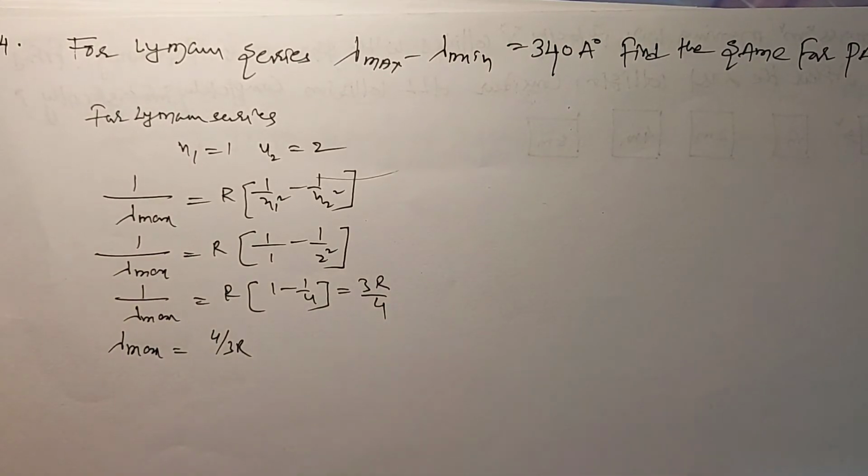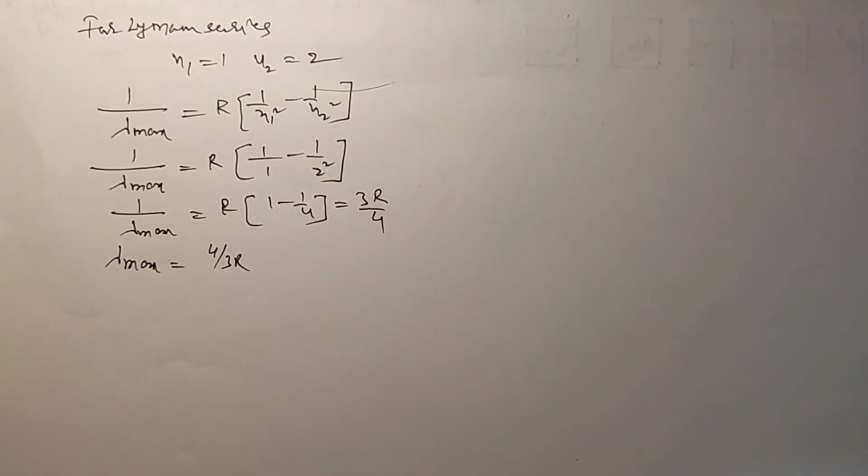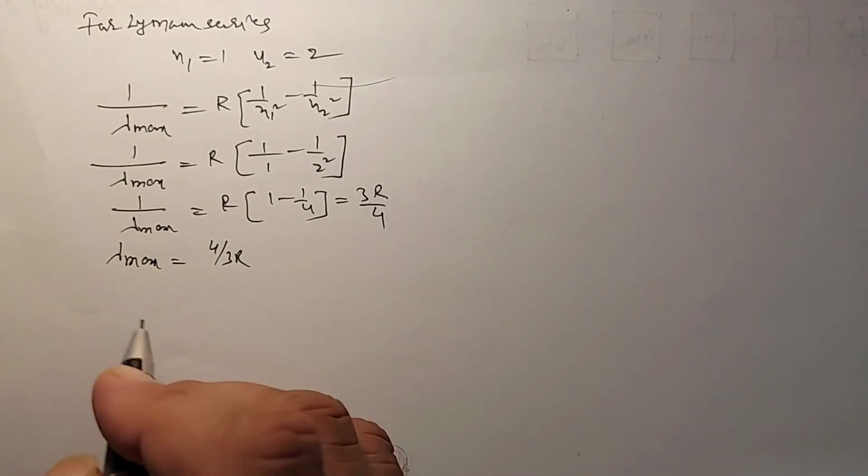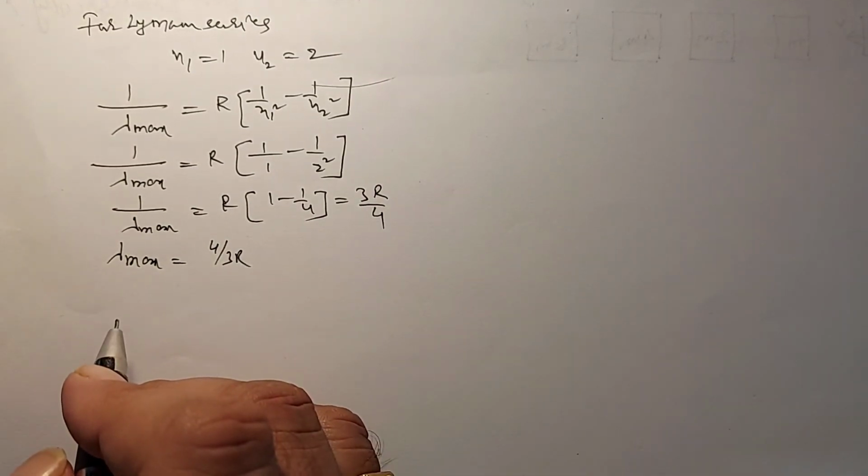Now, minimum wavelength is emitted when the electron loses maximum energy. When the electron transition takes place from infinity to n1 is equal to 1, then maximum energy is lost by the electron.